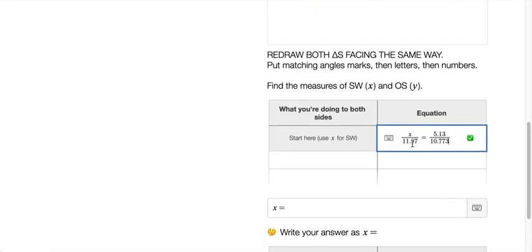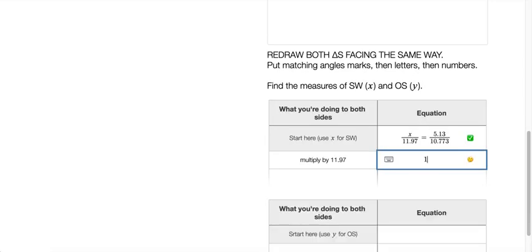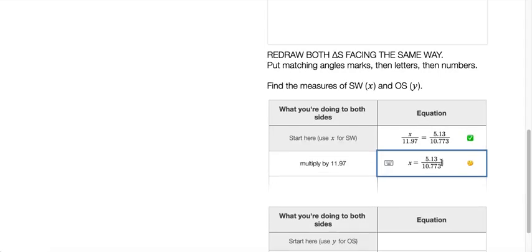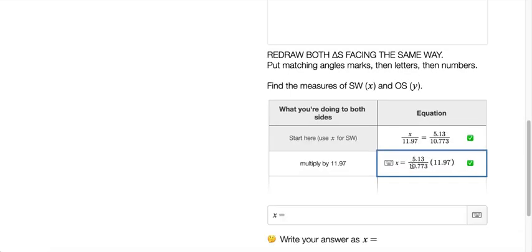Now, X is being divided by something. I'm going to do the opposite and multiply by that something, 11.97. If I do that to the left, 11.97 divided by 11.97 is 1, and we have 1x, which is just x. And then to keep the equation balanced, we need to take the right side, whatever that was, put it here, and also times it by 11.97.